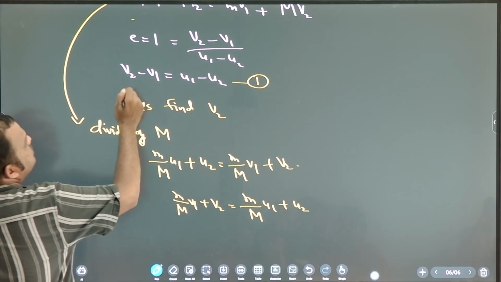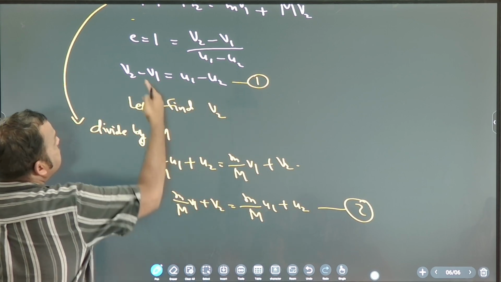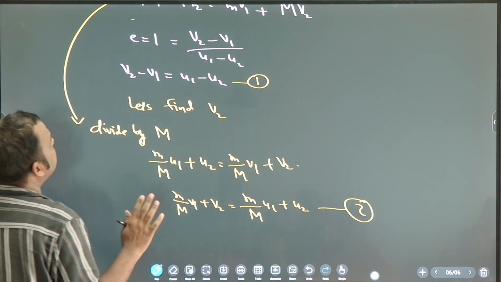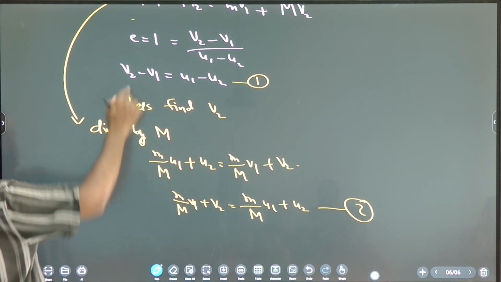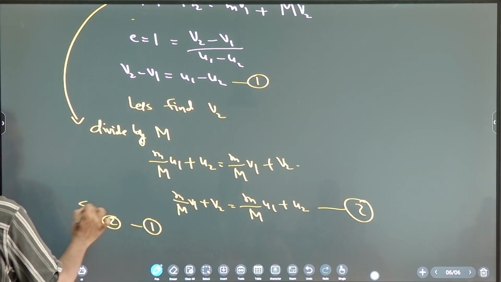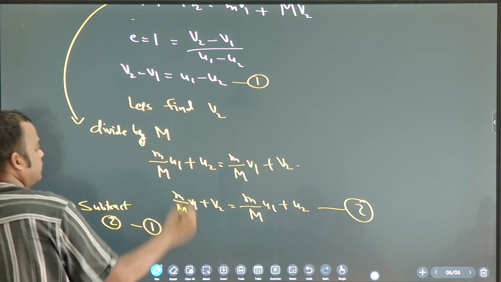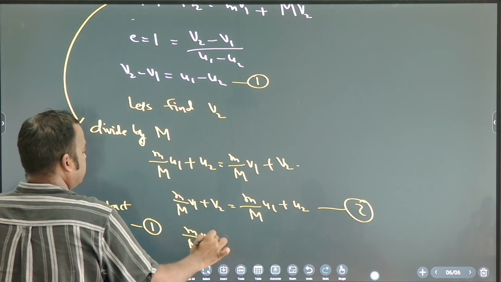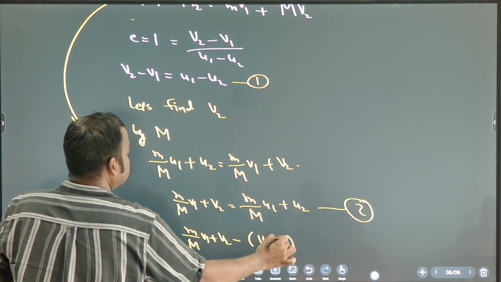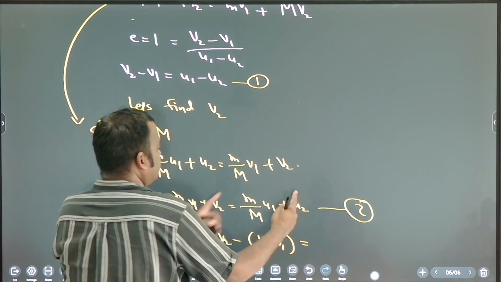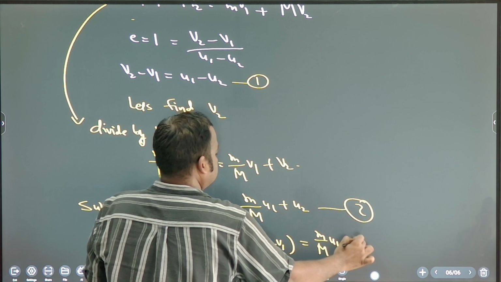Now subtract, second minus first. So this minus this, m by M v1 plus v2 minus this, is equal to this minus this.